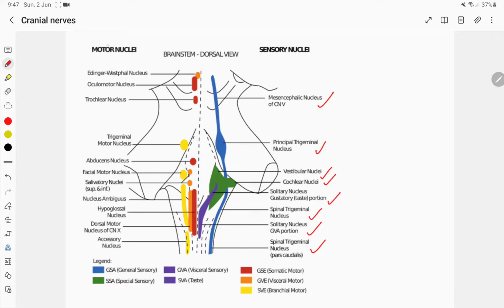On this side you have the motor nuclei in the brainstem. From the midbrain downwards, you have the Edinger-Westphal nucleus, oculomotor nucleus, trochlear nucleus, trigeminal motor nucleus, abducens nucleus, facial motor nucleus, salivary nuclei, nucleus ambiguus, hypoglossal nuclei, dorsal motor nucleus of vagus, and accessory nuclei.